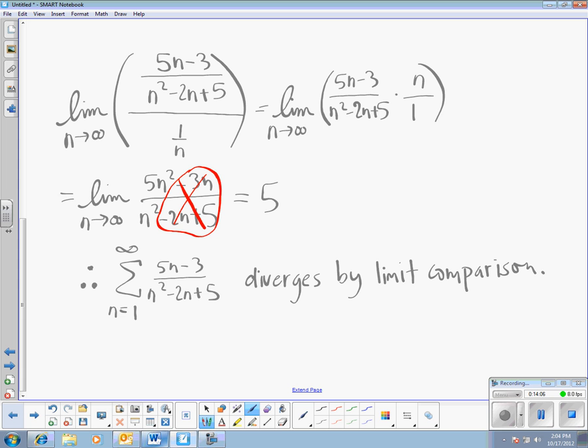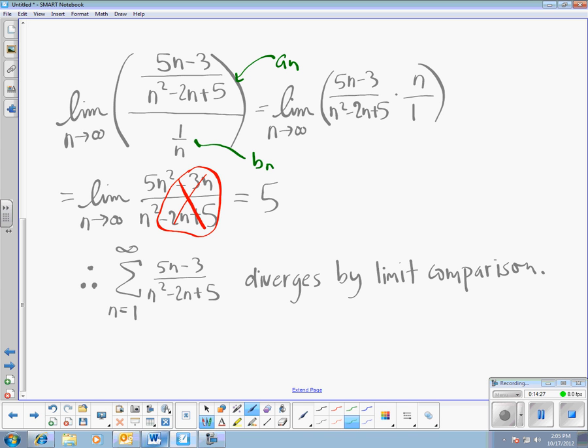It's more complicated than that. So choose a p-series, do this limit of the one formula over the other formula. This right here would be a sub n, and this would be b sub n. And if you get a finite positive value like 5, then you know they both act the same way. All right, so that's limit comparison.